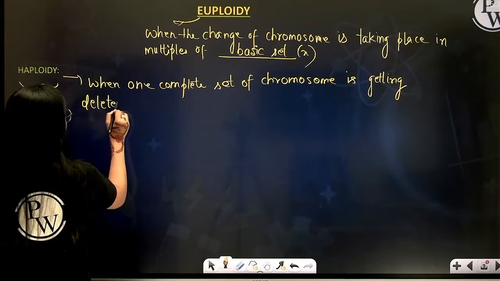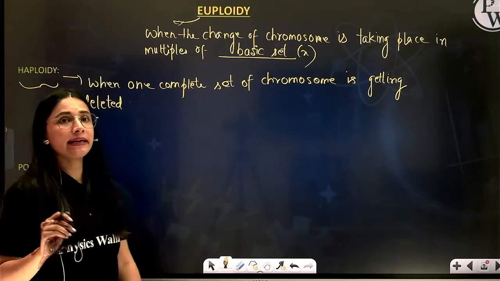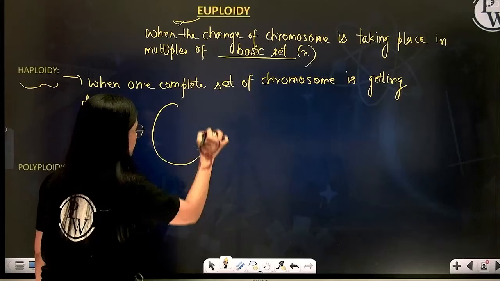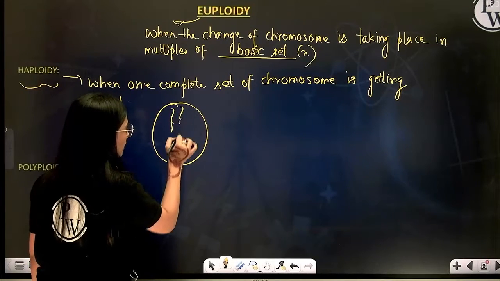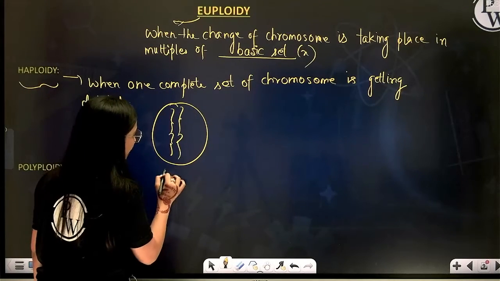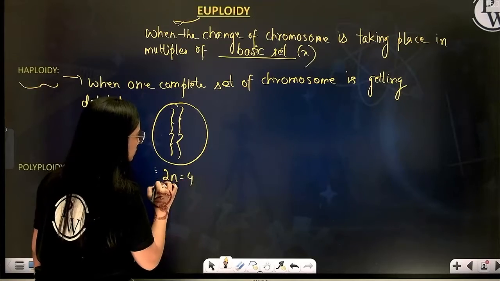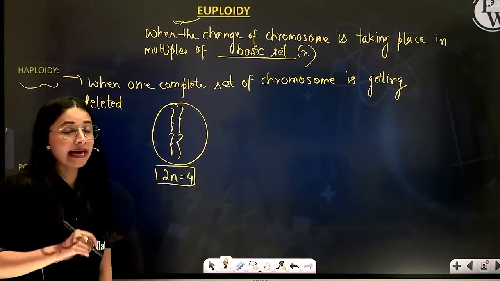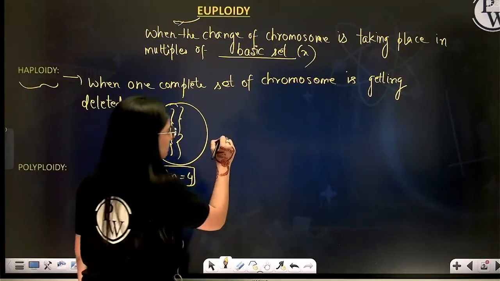So this is known as haploidy type of mutation. How? Check this. Suppose this is a cell which is having 2n is equal to 4 condition, 2 pair. Now what will happen if euploidy type of genomic mutation has to take place?